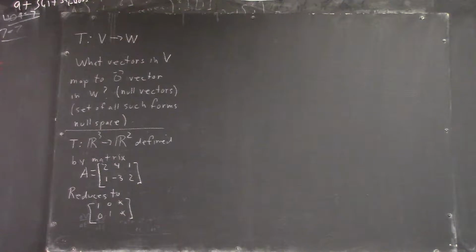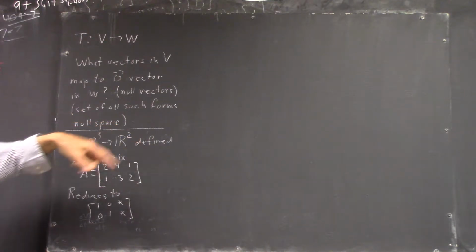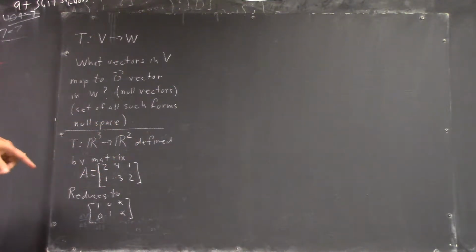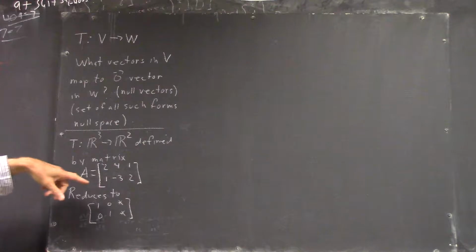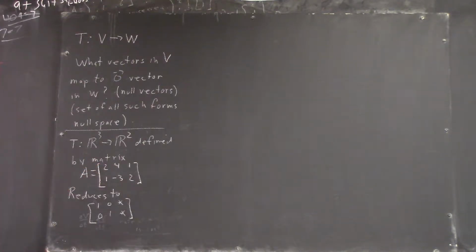Is that -2, 4, 1 underneath the actual matrix, or 2, 4, 1? It's 2, that's like a smudge. Although if it's -2, that'd be okay. So it reduces to this.